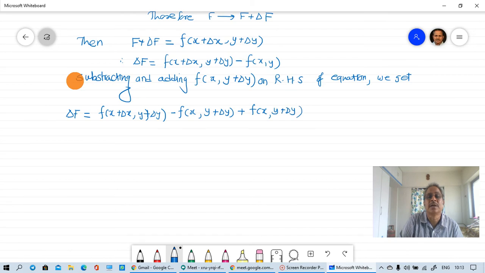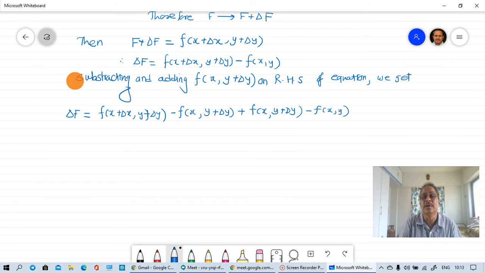So this is subtracted and this is added. This is allowed in mathematics because adding and subtracting the same quantity doesn't change the mathematical equation. So I am using this fact, and now minus last is f of x and y.